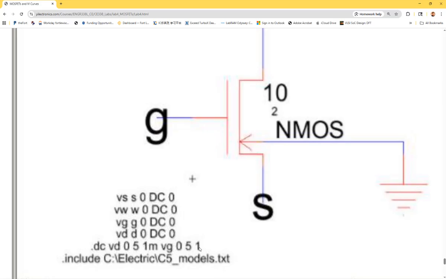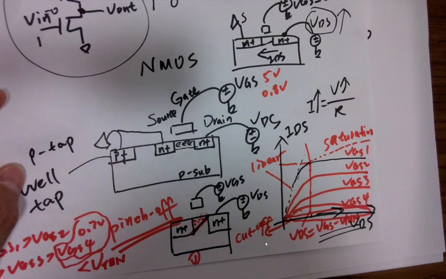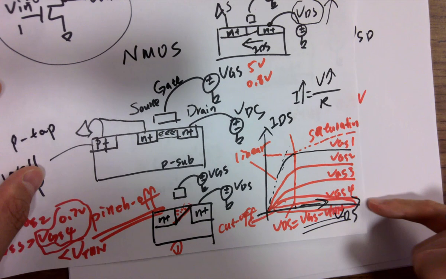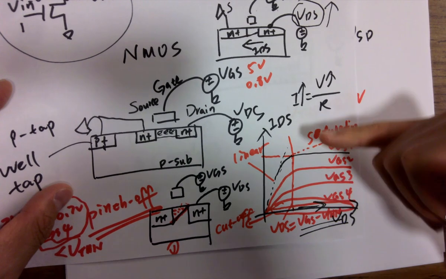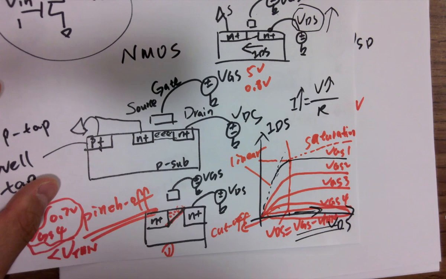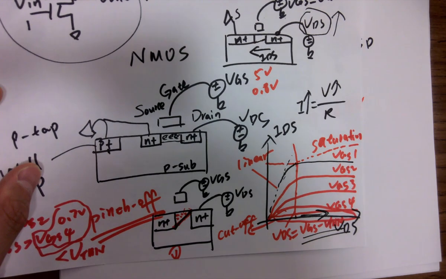So it's going to plot 0, 1, 2, 3, 4, 5, 6 different steps into this curve. You are seeing VDS versus IDS, but also you are seeing the 0, 1, 2, 3, 4, 5 VGS curves. So you are displaying multiple ones at the same time.